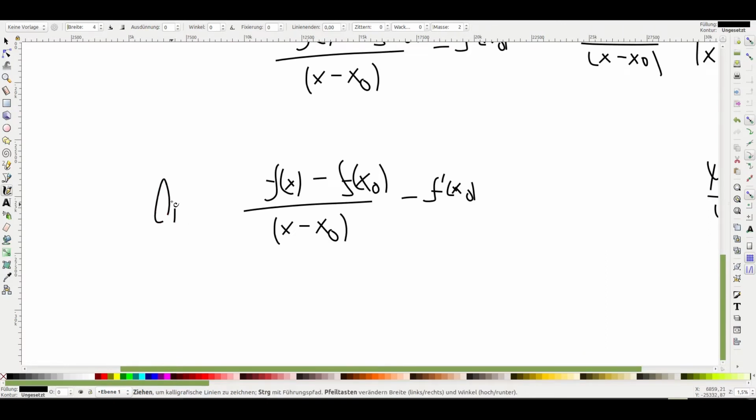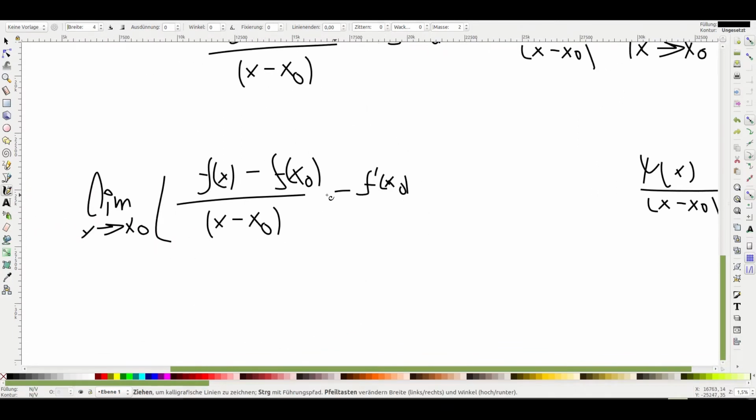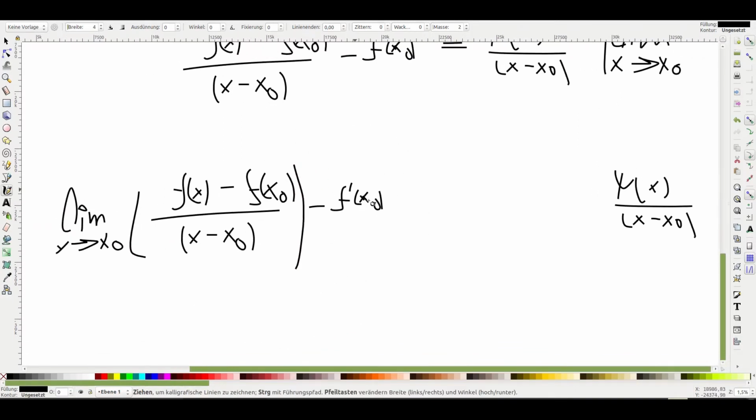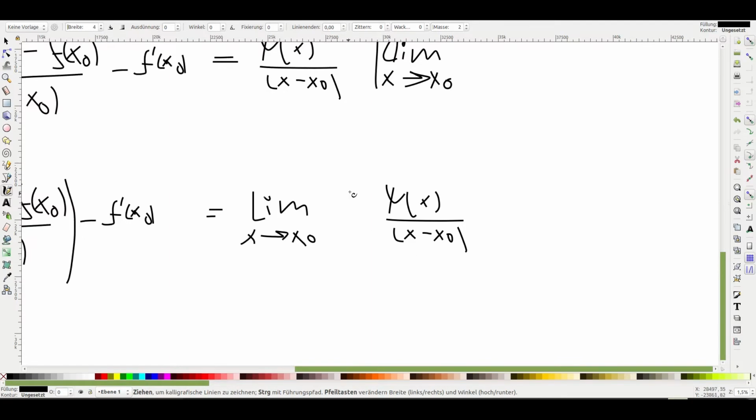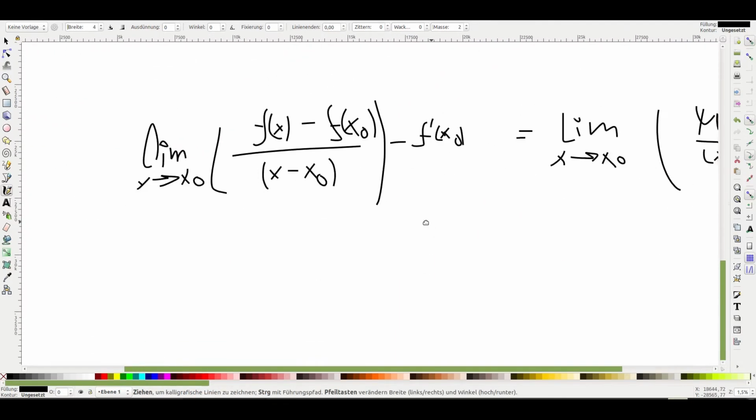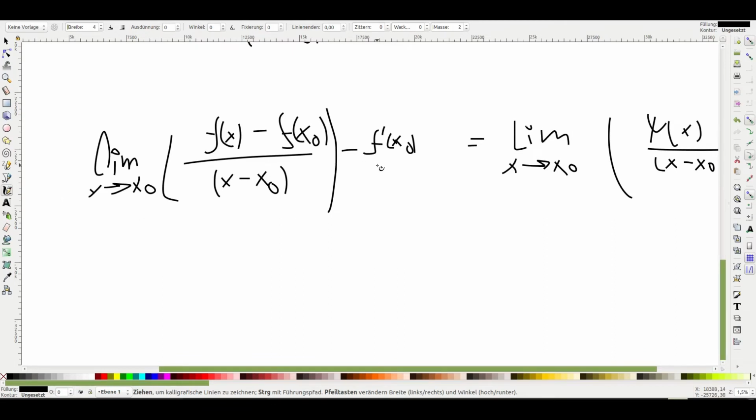So now we have the limit of this as x goes towards x0, and the limit of this whole part is just the limit of this part minus the first derivative of f at x0, and this whole business is equal to the limit as x goes towards x0 of this expression. So what we have here is basically nothing else but this part here. So this whole limit is equal to this, because that's just the definition of the first derivative of the function.